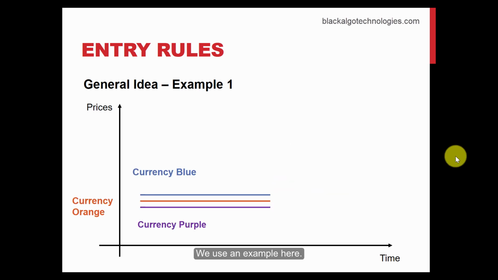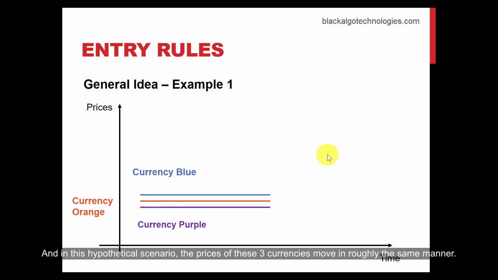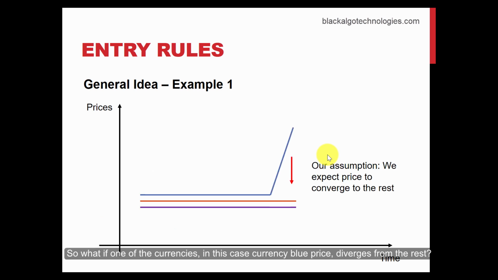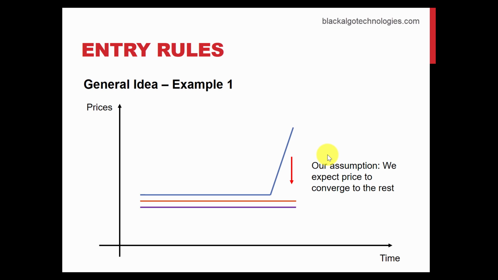So we use an example here. We have 3 currencies: currency blue, orange, and purple. And in this hypothetical scenario, the prices of these 3 currencies move in roughly the same manner. So what if one of the currency, in this case currency blue, prices diverge from the rest?